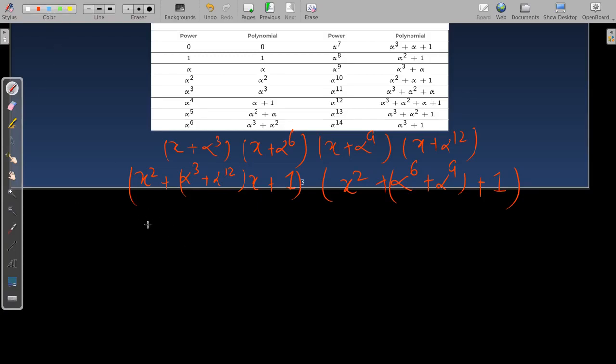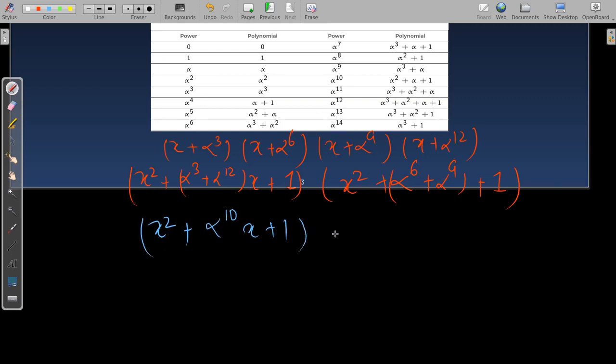So alpha cube plus alpha 12, right? Alpha cube plus alpha 12 will result in, you see, alpha 12 is equal to alpha cube plus alpha square plus alpha plus 1, and I am adding alpha cube there, so I will end up with alpha square plus alpha plus 1, and you see alpha square plus alpha plus 1 is equal to alpha 10. So I will write here x square plus alpha 10 x plus 1.